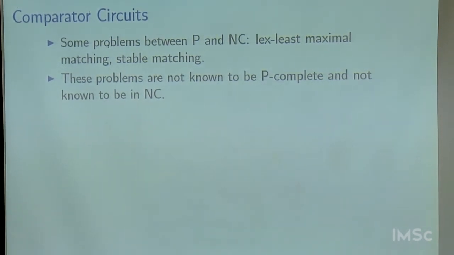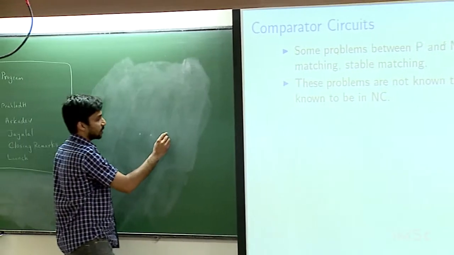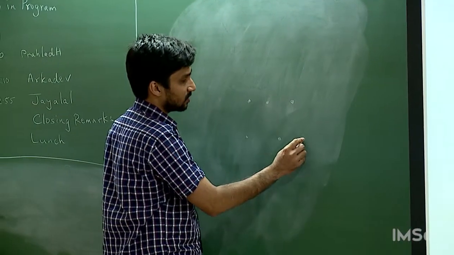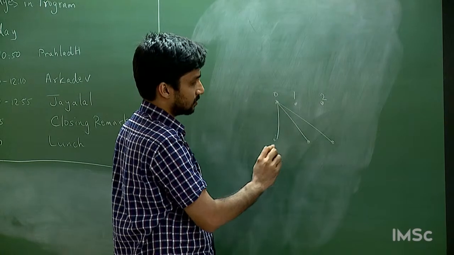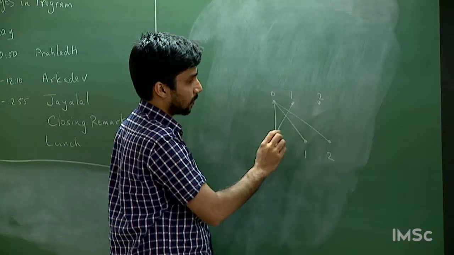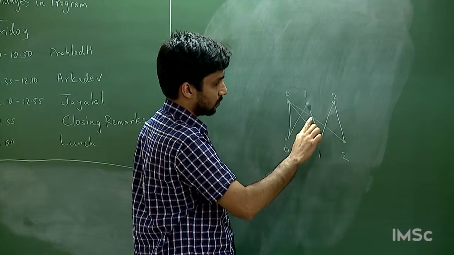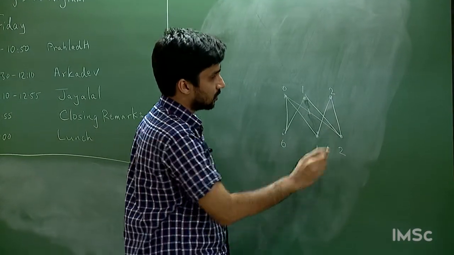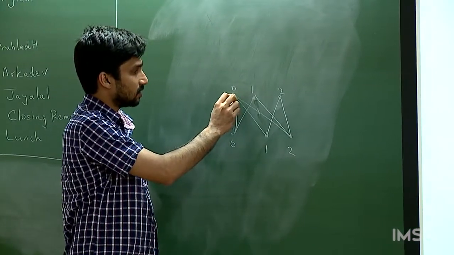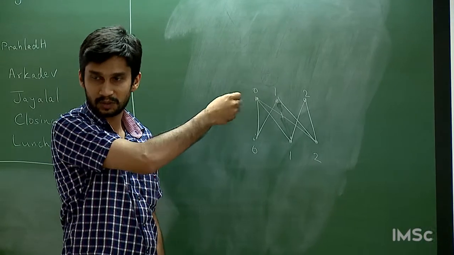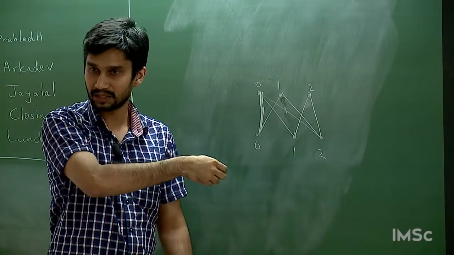So what is Lex least maximal matching? Let's say you are given a bipartite graph as input and it has some edges. The Lex least matching is: you start with the vertex 0, let's say on the top half, and you pick the lowest numbered vertex on the bottom half.